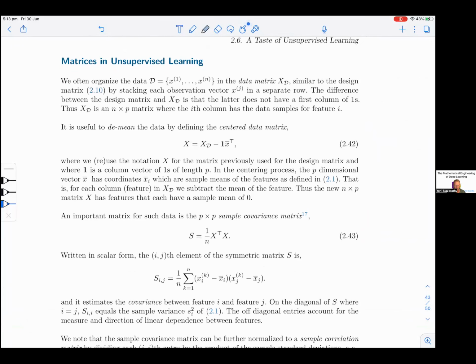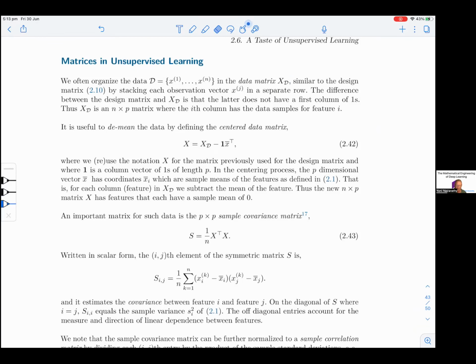The difference from the design matrix is that XD does not have the first column of ones. So in 210, we had a design matrix where we had a first column of ones, and then each column was not an observation; each column was a feature. We can still do this without the column of ones, and we'll call this XD. That's as though we don't have an intercept.